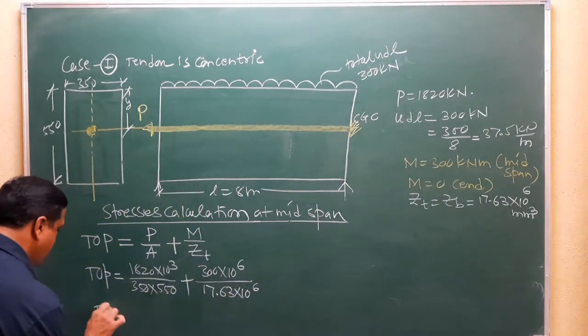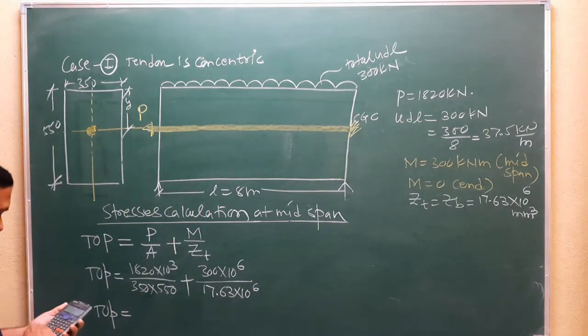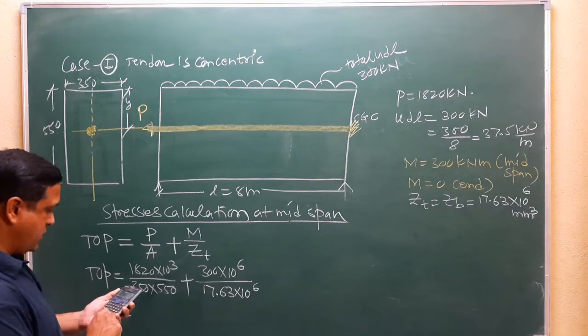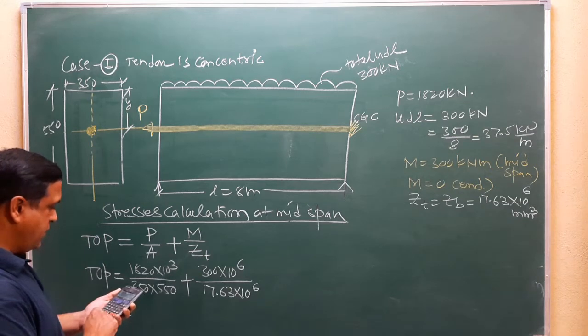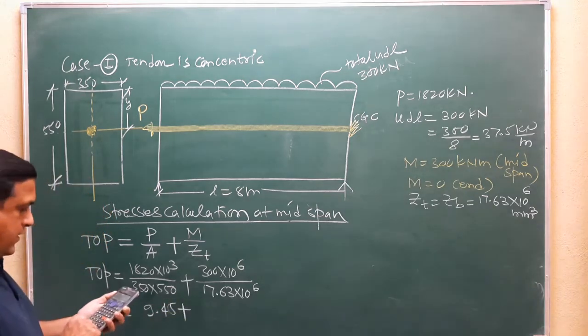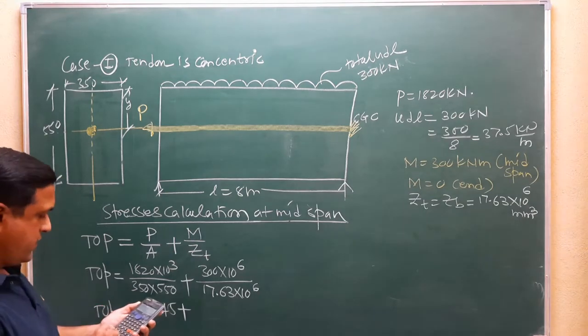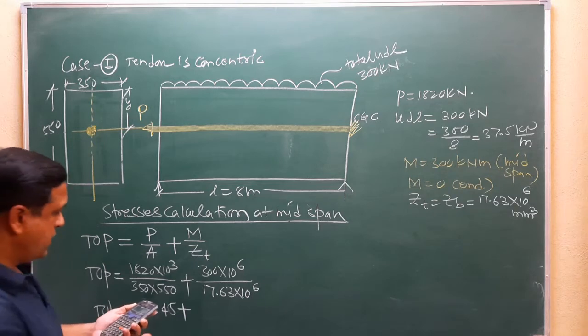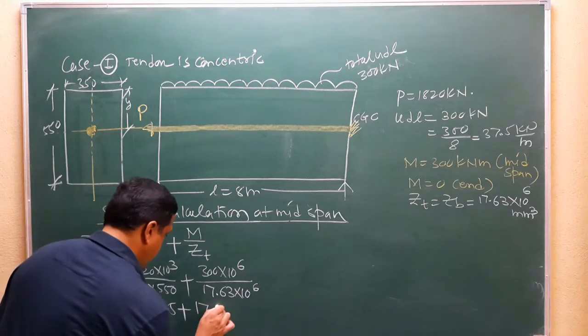Now calculate it. So top fiber stress: 1820 into 10 raised to 3 divided by 350 into 550 is 9.45. 300 into 10 to 6 divided by 17.63 into 10 raised to 6 is 17.01.